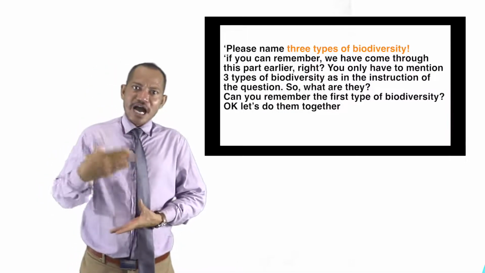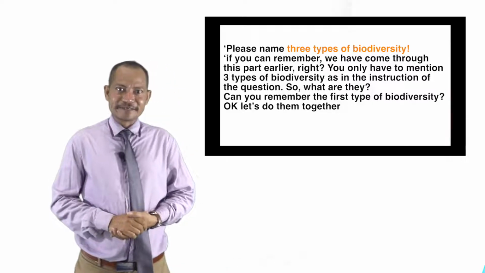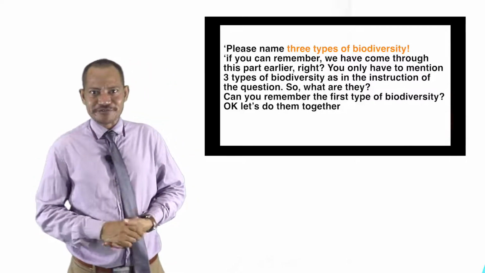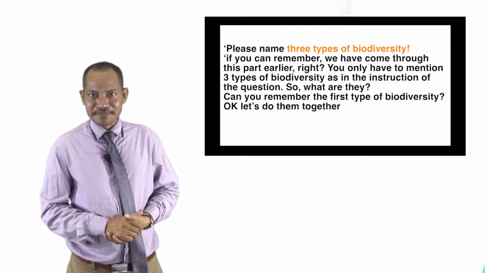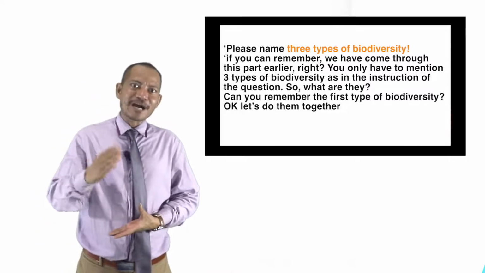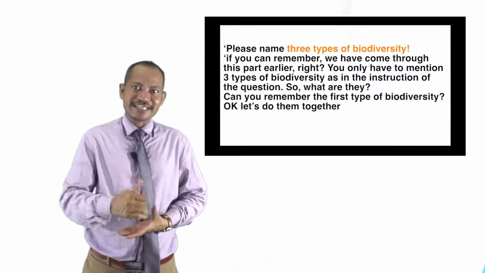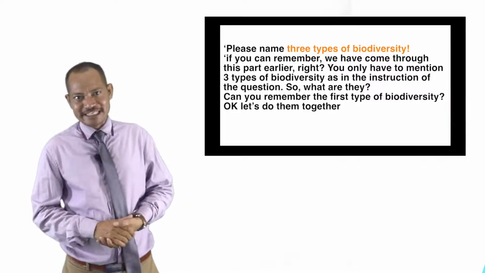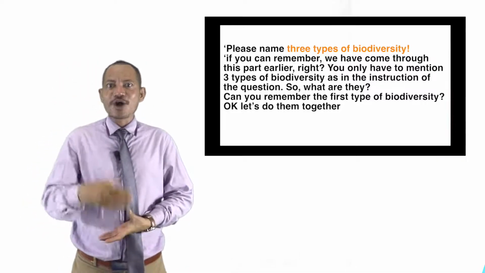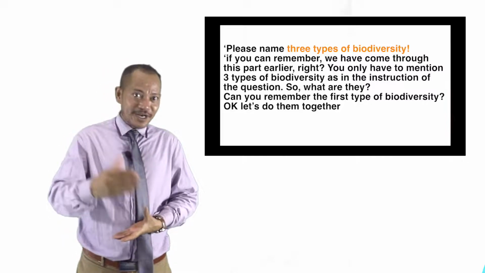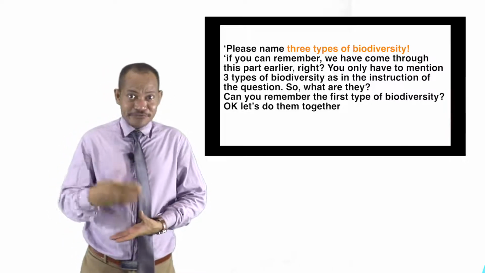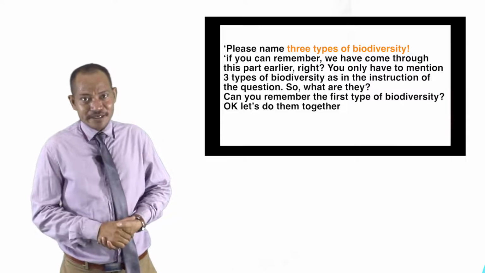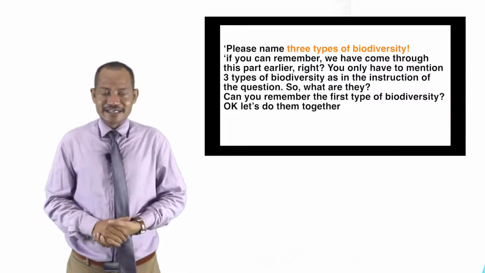All right. Our first question is, please name 3 types of biodiversity. If you can remember, we have come through this part earlier, right? You only have to mention 3 types of biodiversity as in the instructions of the question. So what are they? Can you remember the first type of biodiversity? Okay, let's do them together.